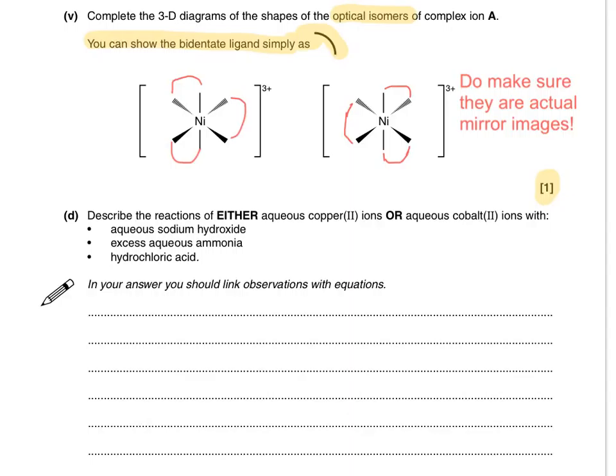So when it says, next, describe the reactions of either aqueous copper 2 ions or aqueous cobalt 2 ions, what I'm going to do is both, so you can see which ways it could have been done. I'm going to start with copper. So whichever one remains highlighted is the one I'm doing.